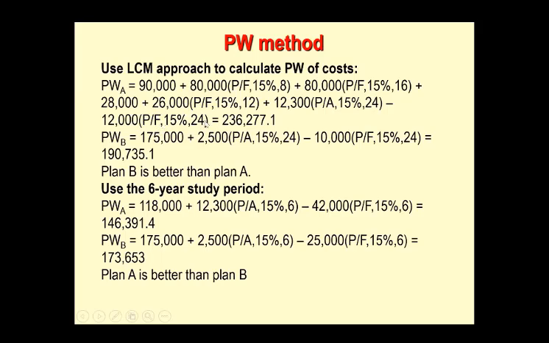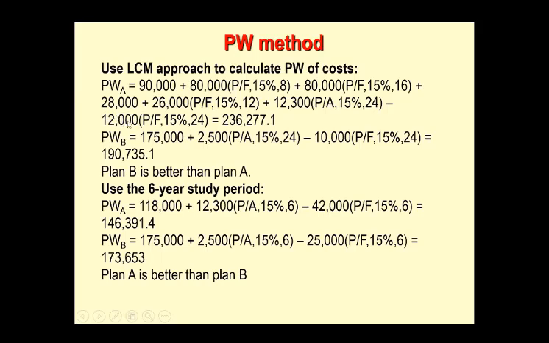Now, what is this factor? It is the single payment present worth factor, at year 24, given F find P. Now what is the 12,000 here?